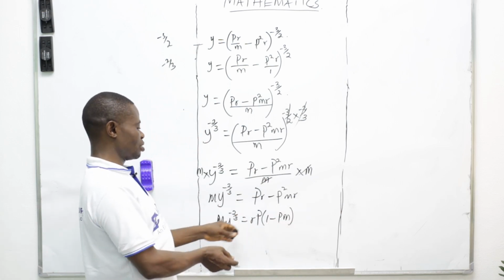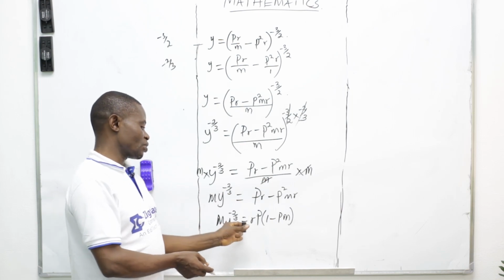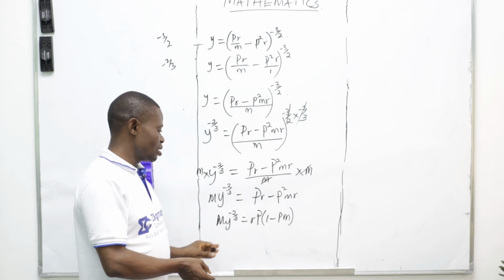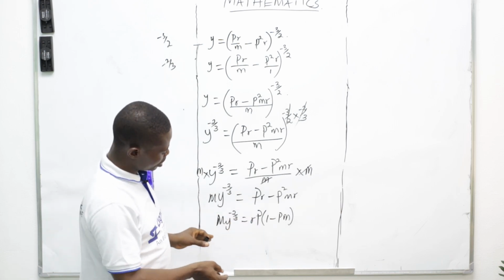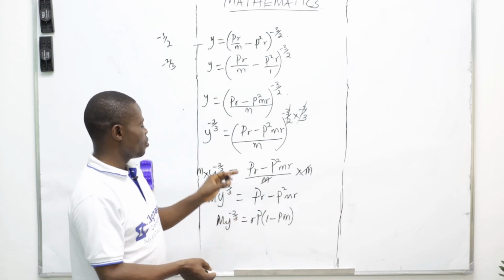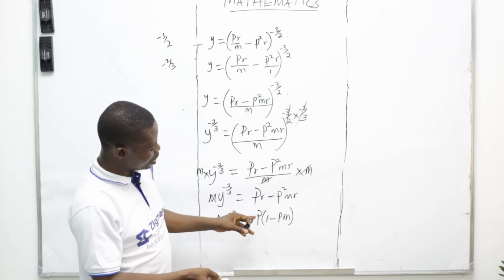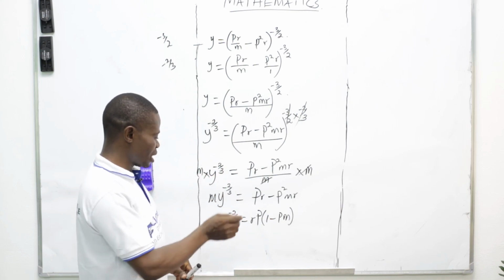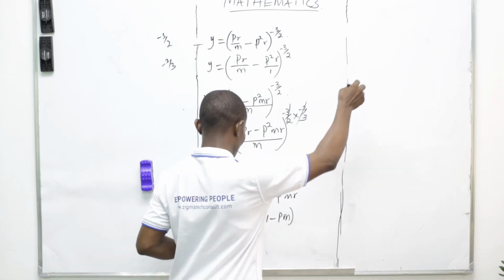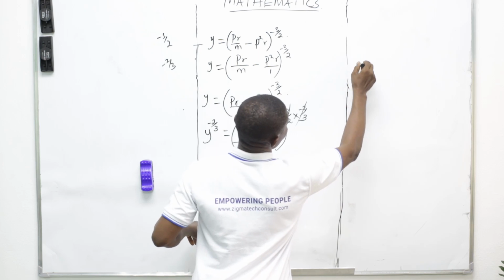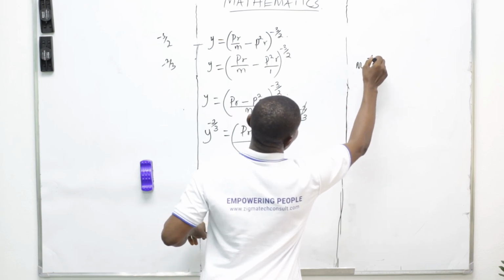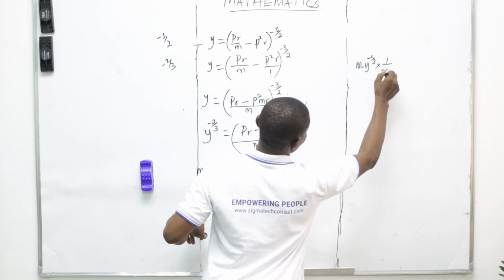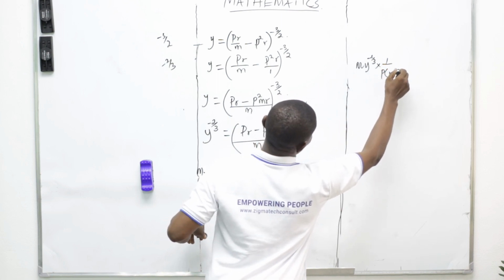To make r subject of the formula, this is concatenated with a multiplication sign, so to separate them, we multiply both sides by 1 all over p into 1 minus pm.